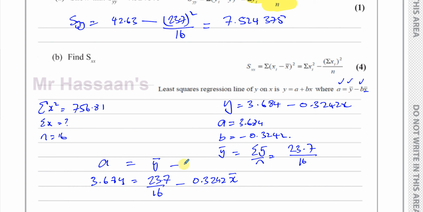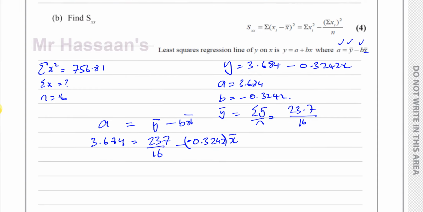So I can find y bar minus b x bar. Be very careful here, because our b is negative. So this is minus b, and we minus this value because b is a negative value. That's a place where you could make a mistake.